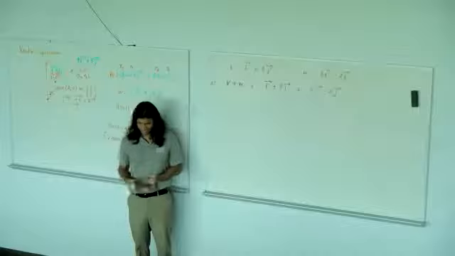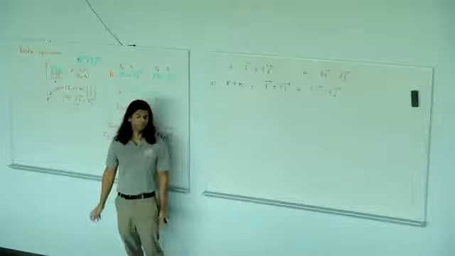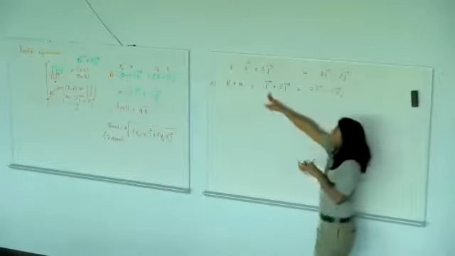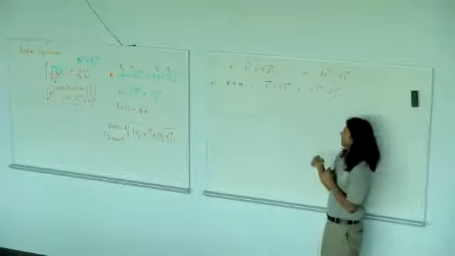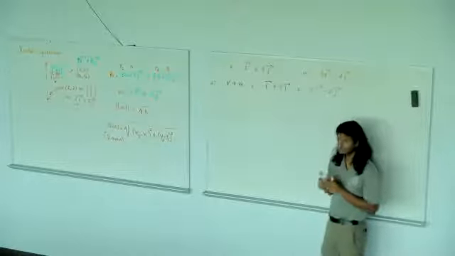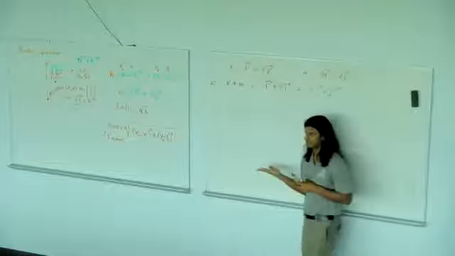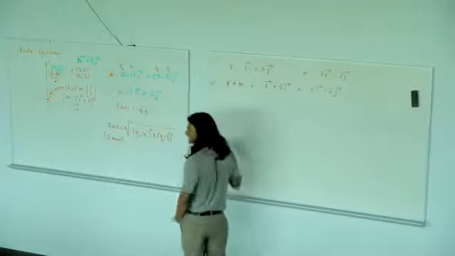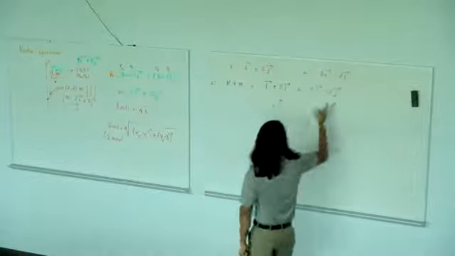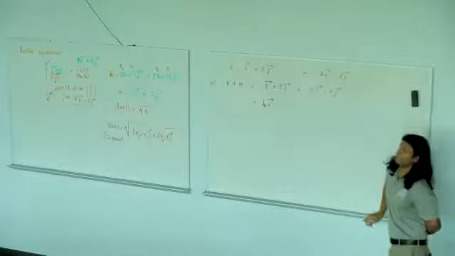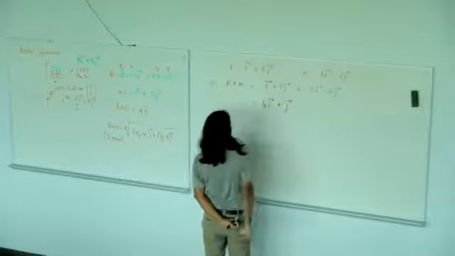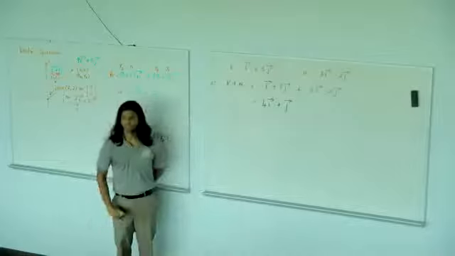If you forget the i's and the j's for a moment, well, we can't. If you combine the i's, if you combine the j's, what do you get? That's an easy question. 4i vector. And over there, 3j minus 2j, J vector. Good.